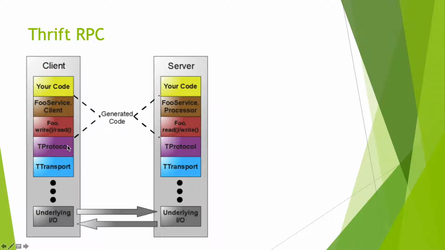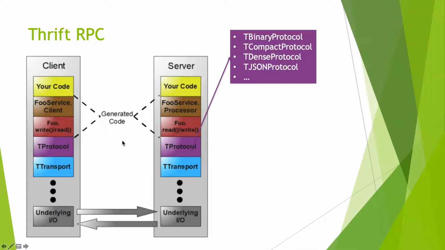But underneath, there are the TProtocol and TTransport that can be swapped for several different implementations. For example, for the TProtocol you have a lot of choices: the binary protocol, the compact protocol, the dense protocol, and also the JSON protocol, and many others, so that you can marshal and unmarshal through different data formats using these protocols.